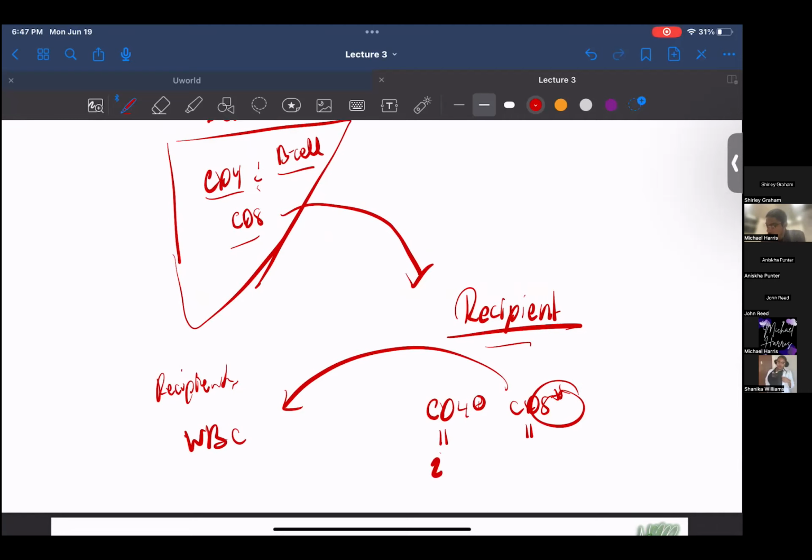MHC2. Perfect. Now, my next question is this. MHC2 is noted on what type of cell normally?